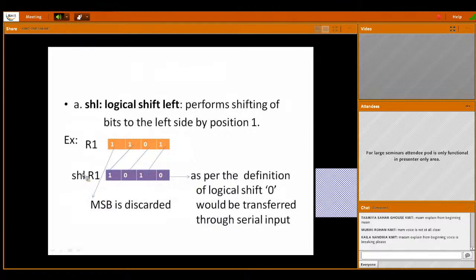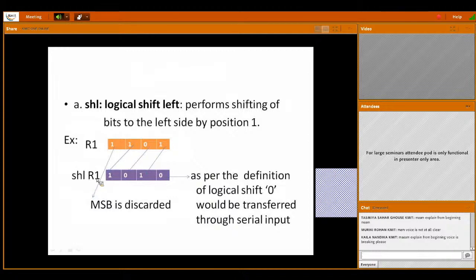The bits are transferred to the left side. This is the LSB, the least significant bit, and the higher order bit is known as the MSB, the most significant bit.